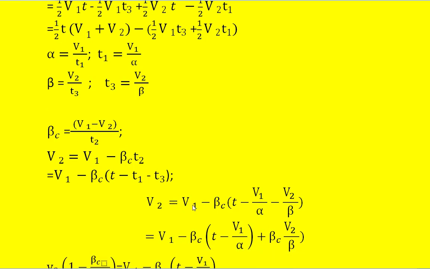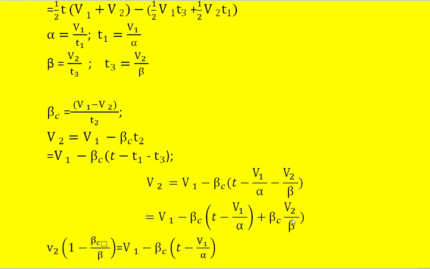So V2 is equal to V1 minus beta c into T minus this T1, which we replace with V1 by alpha, and similarly T3 with V2 by beta.